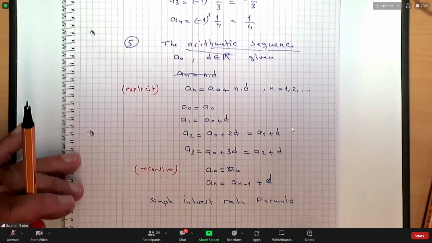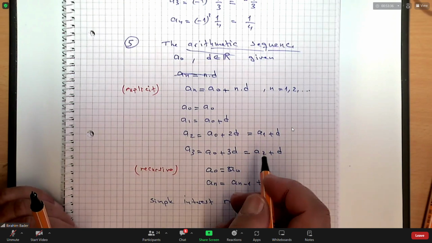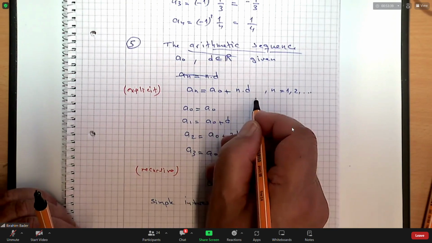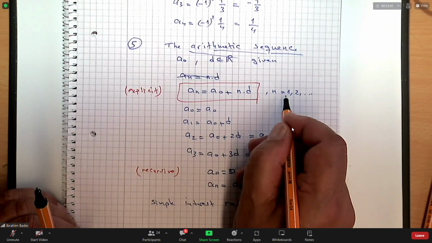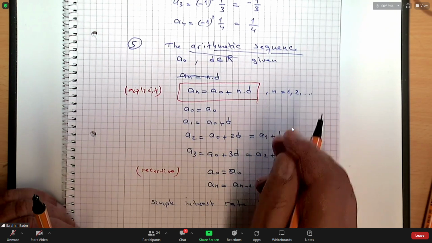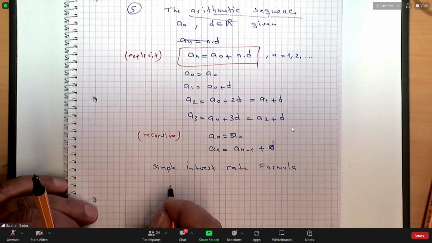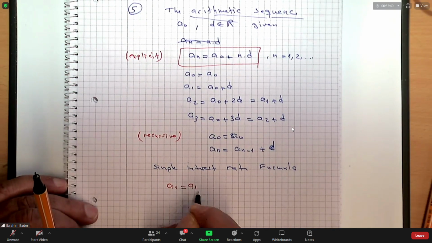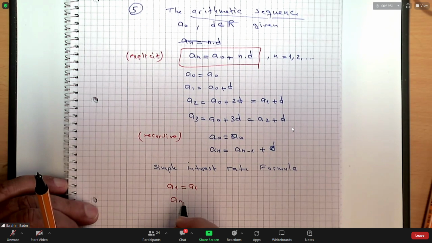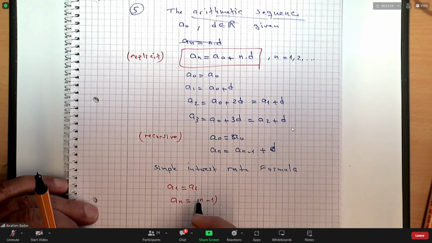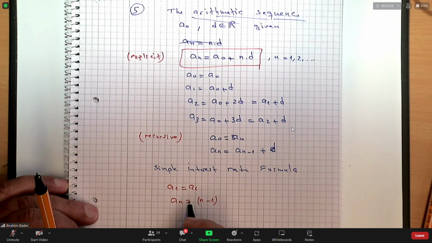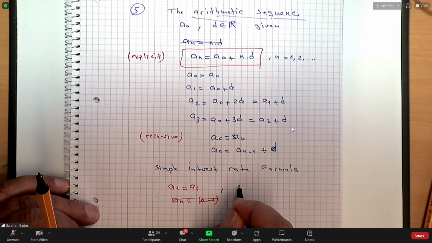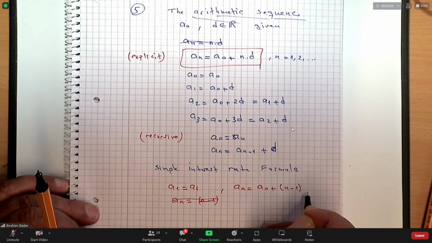Let me just go back to this one, because some students from previous experience just say, this formula here, if we start at A1, A1 equals A1, of course, then AN equals A0 plus n minus 1 times d.